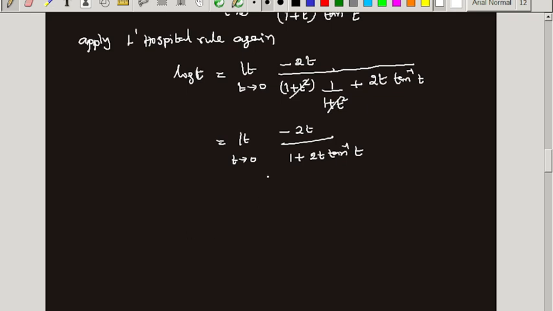So here if we substitute 0, the numerator is 0, dividing by 1 plus, here 0 is there, if we apply 0 we get 0. So 0 by 1 is 0.